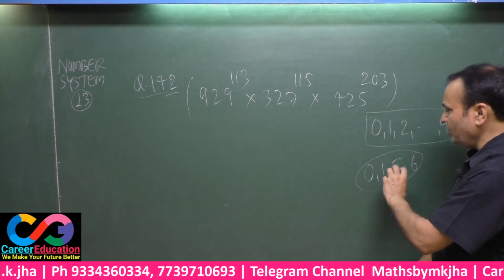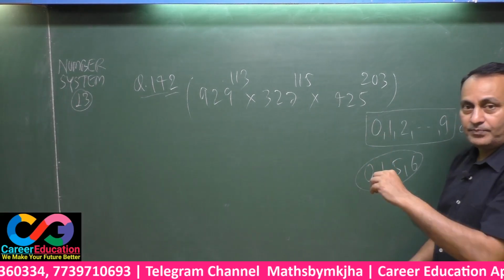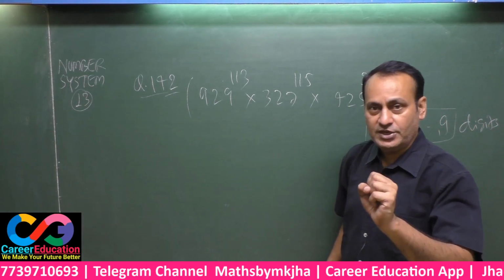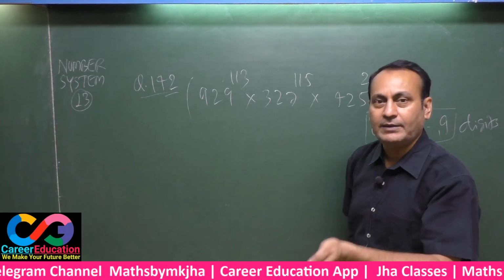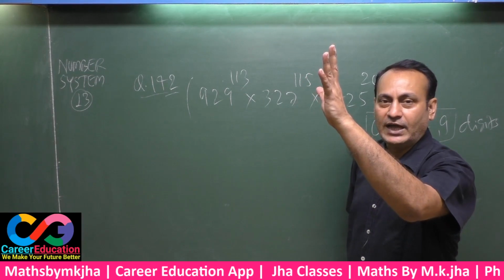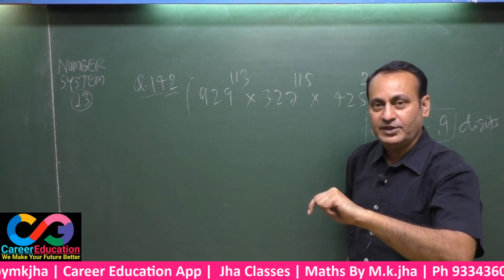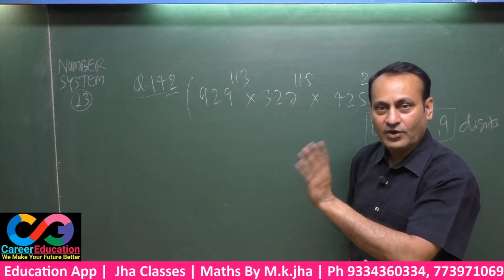That means whenever you see the unit of the base is either 0 or 1 or 5 or 6, whatever may be the power on that base, the unit must be respectively 0 or 1 or 5 or 6.